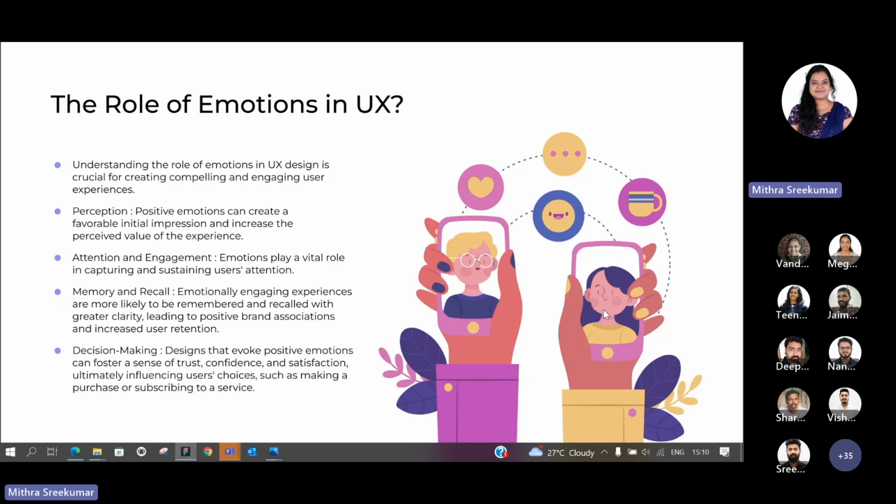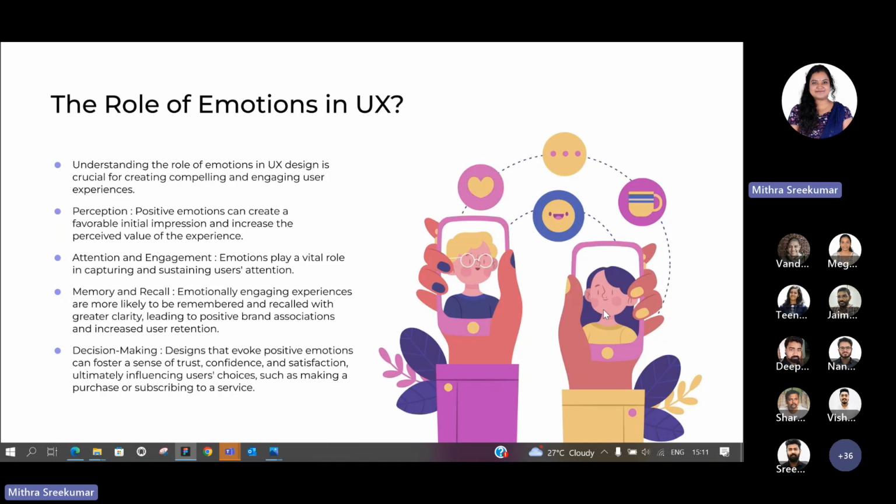And also decision making. Designers, if we feel that positive emotions are evoked by a website or some application, then the user always has a feeling of trust and confidence, and it makes the user want to make use of it in future also.